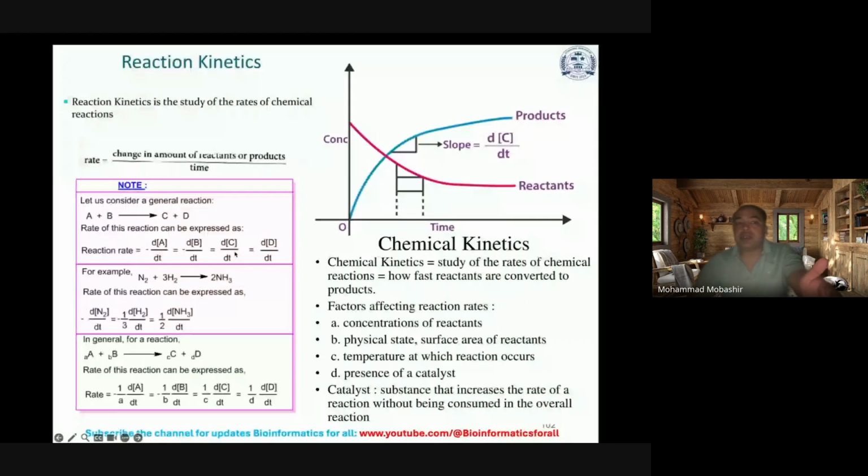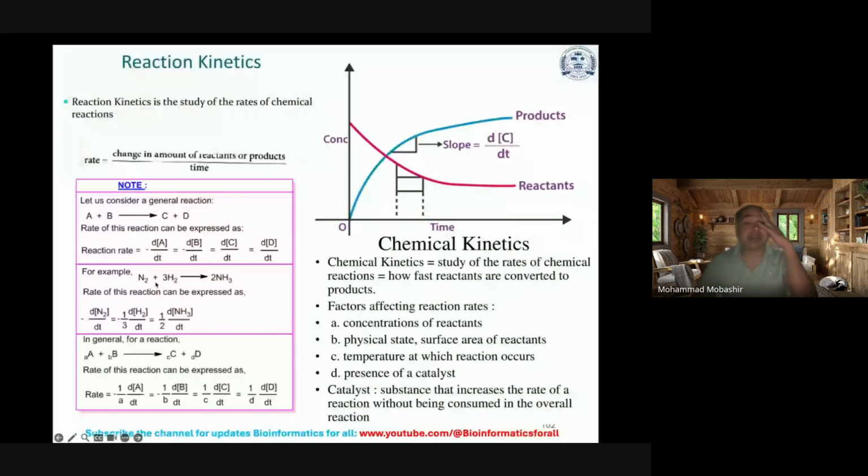Now it comes to the rate of reaction for the formation of ammonia. How can you write it? Here you can see dN2 by dt, then dH2 by dt, but here minus 1 by 3, because there are 3 molecules of hydrogen.